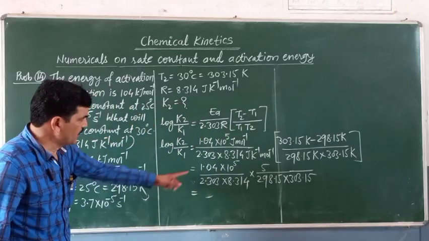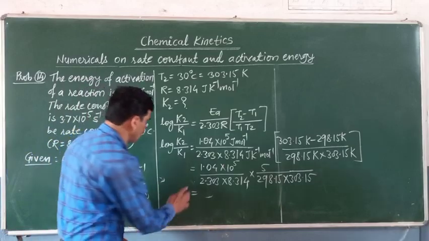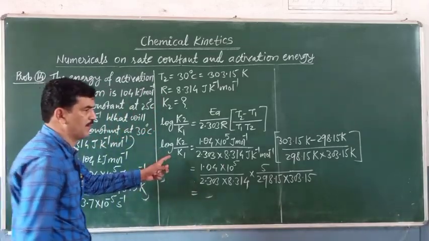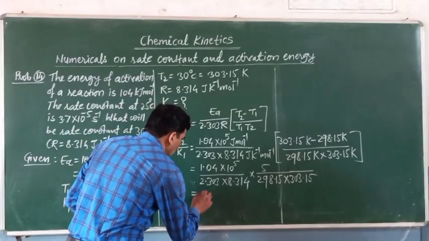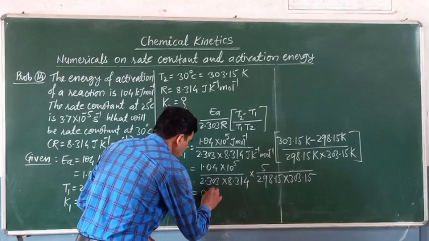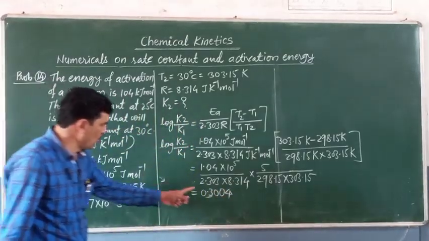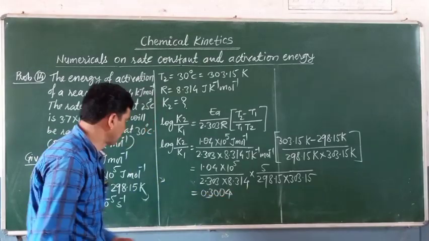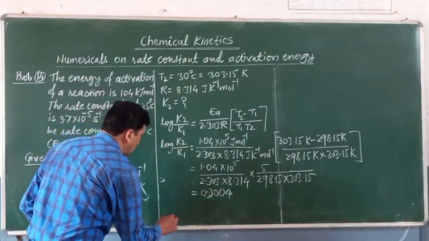So we can solve it. After solving this, we get the value of log of K2 by K1, and this log of K2 by K1 is equal to 0.3004. Now after getting the value of log of K2 by K1, we can convert it into K2 by K1.